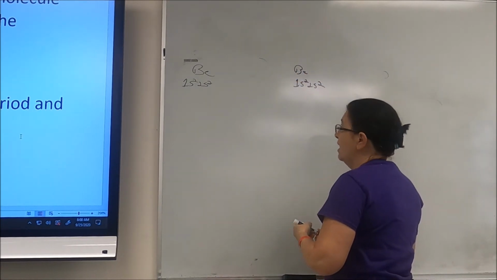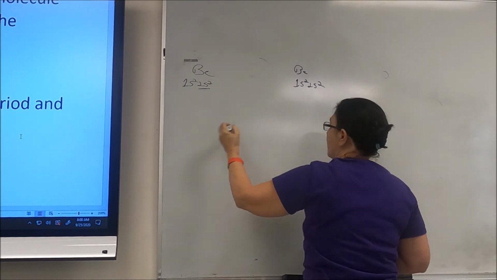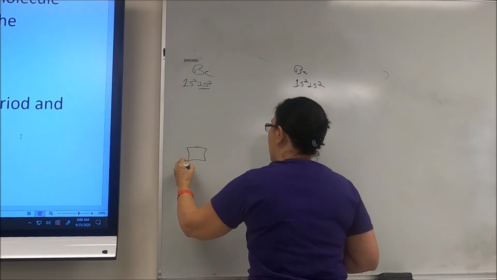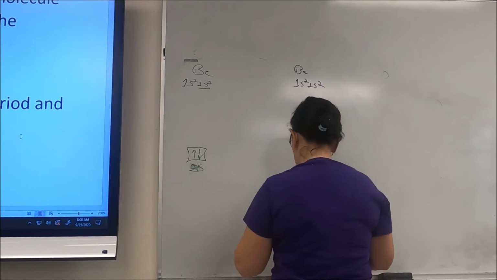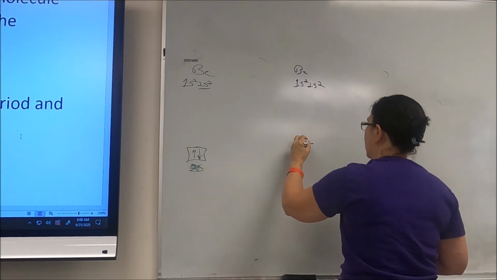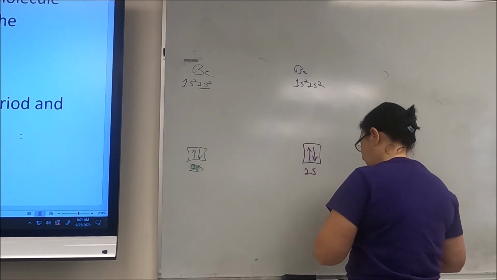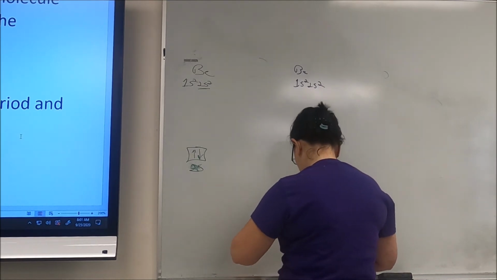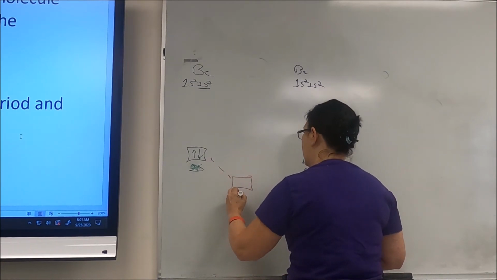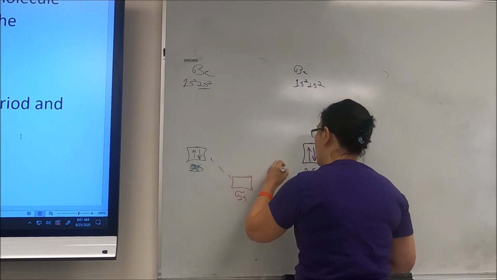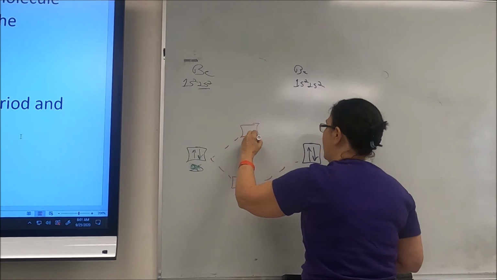I'm going to concentrate just on the valence. So I have 2s, and it's got 2 electrons. And just because I can, we get a sigma 2s bonding, a sigma 2s antibonding.